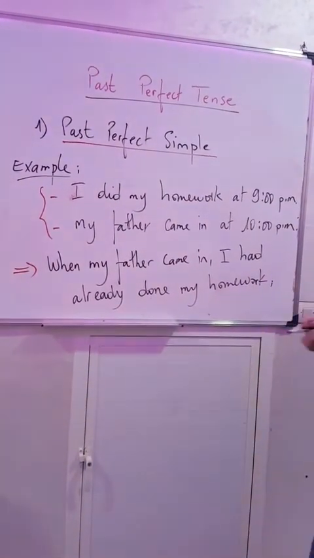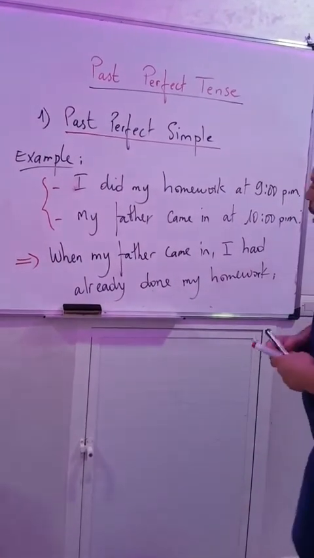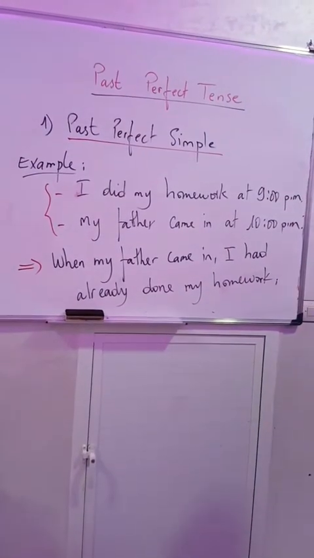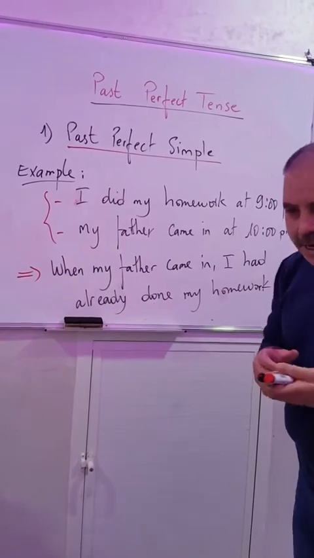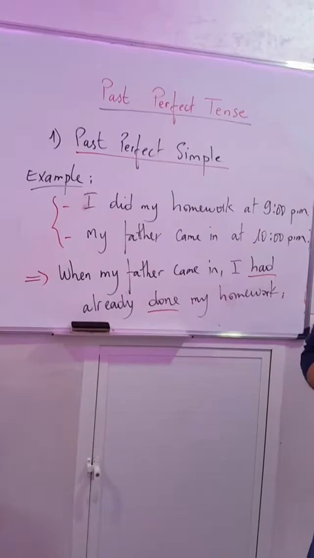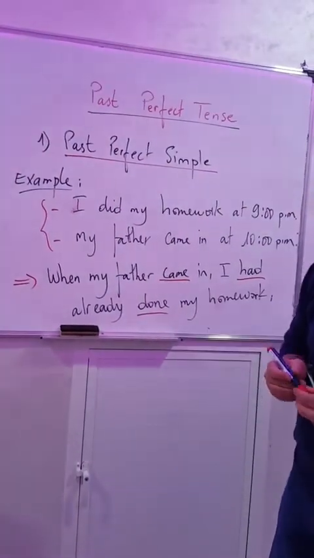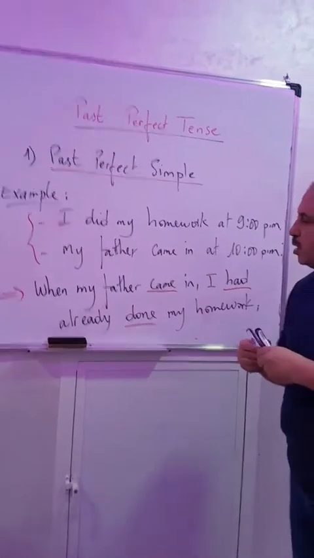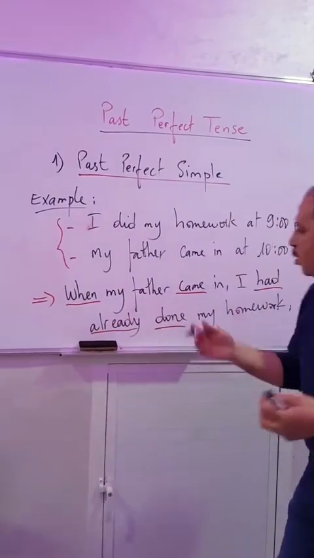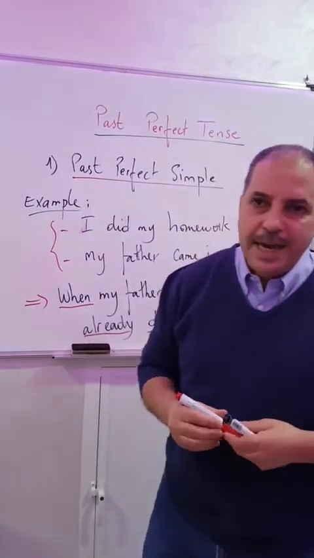What you notice here is that we have joined these two actions, and we understand exactly where the first action is, and also the second action, which is the coming of my father. We also notice the use of linkers like already. When we say already, we understand that we're talking about the first action.